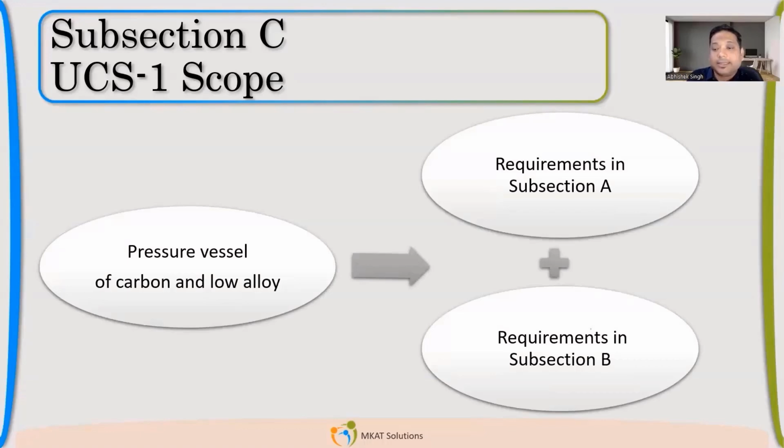Section 2D, then whatever is given in subsection A, whatever is given in subsection B, all that combined becomes the complete requirement of material. Okay, none of the portions will cover all the requirements. It's all scattered based on the purpose. So that is the reason we have to be very good in studying the code so that we can find out these requirements. Okay.